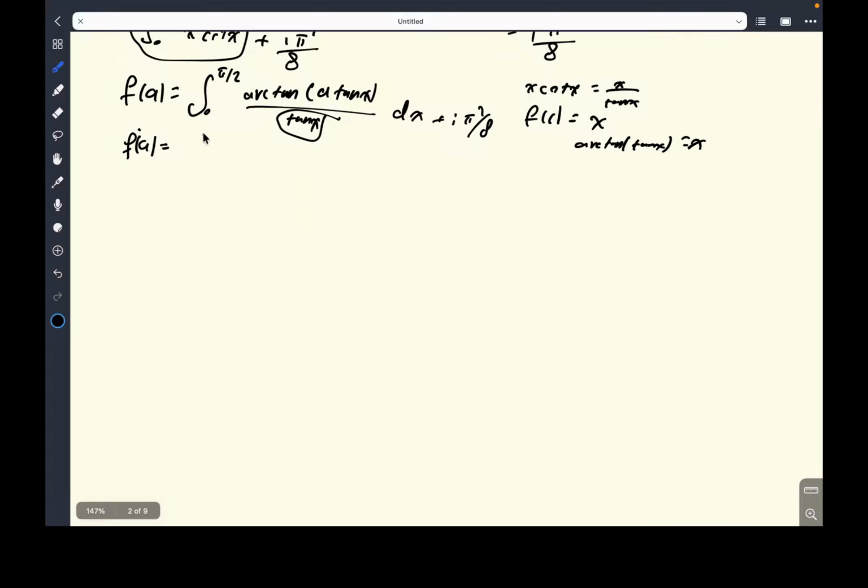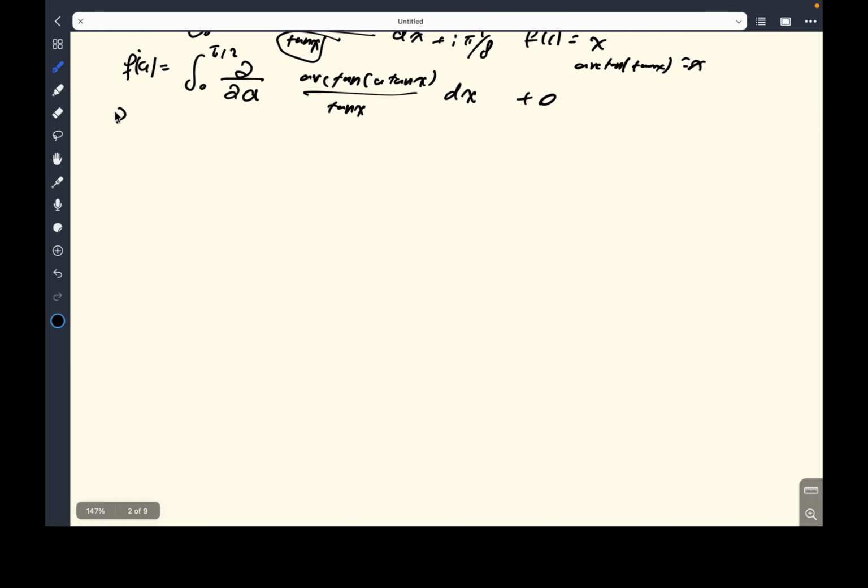So f prime of a is the integral from 0 to pi over 2 of the partial with respect to a of arctan of (a tan x) over tan x dx, plus 0 because the derivative of a constant is 0. My f prime of a is therefore the integral from 0 to pi over 2 of 1 over tan x.